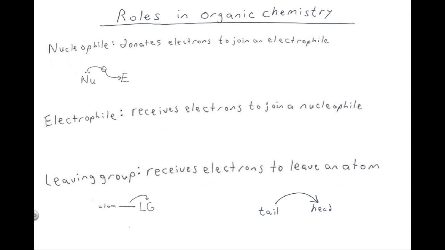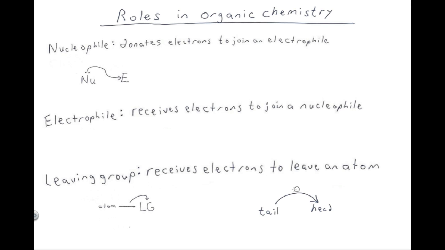So we should draw this arrow to show that the electrons would move away from a nucleophile and towards an electrophile. A leaving group also receives electrons, so the electron-pushing arrow should point towards the leaving group, away from the bond, which is going to break when the leaving group leaves a specific atom. Keep in mind that the atom that the leaving group leaves might be part of a larger molecular structure. Usually the atom that we leave will be part of a larger molecular structure, like this.